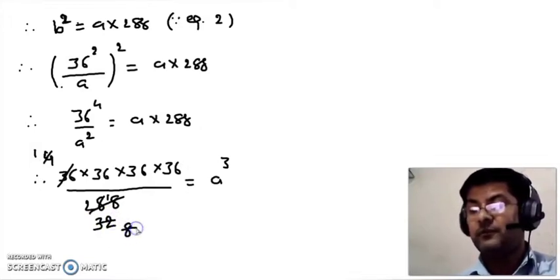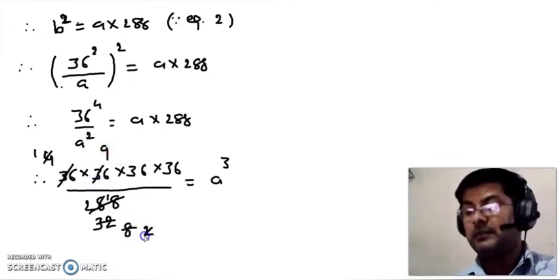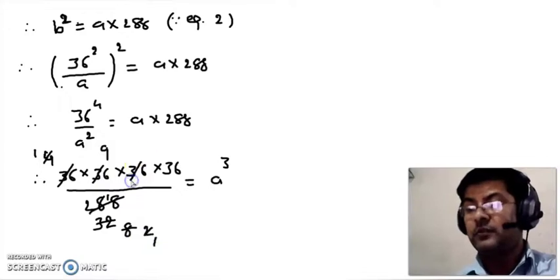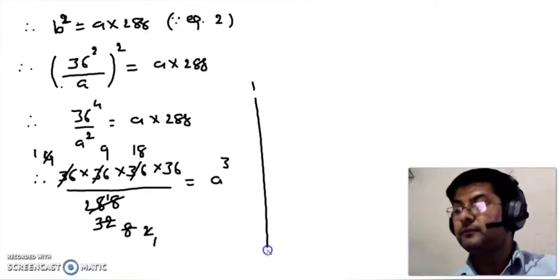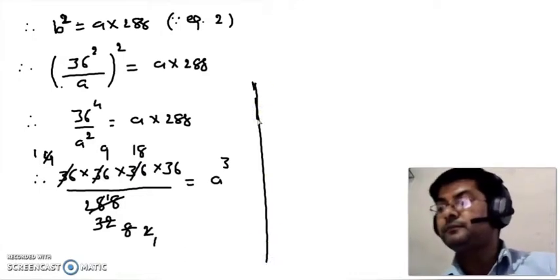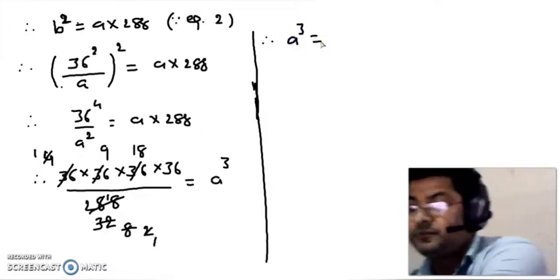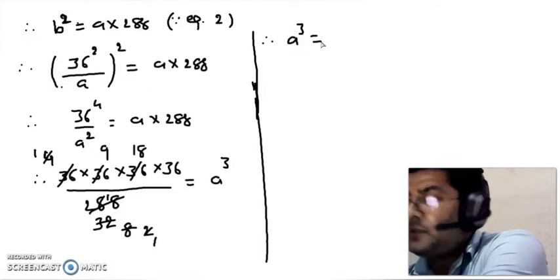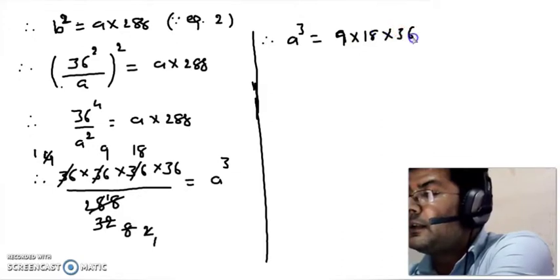Again by 4, 4 2s are 8, 4 9s are 36, and again by 2, 2 1s are 2, 2 18s are 36, and therefore a cube is equal to 9 into 18 into 36.